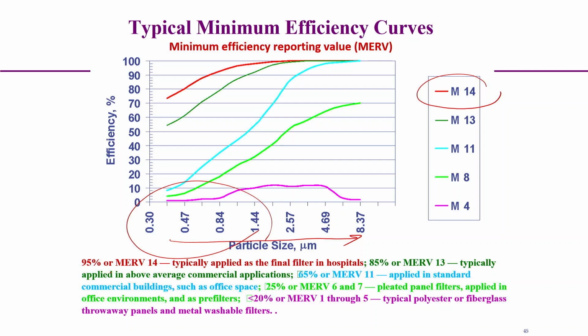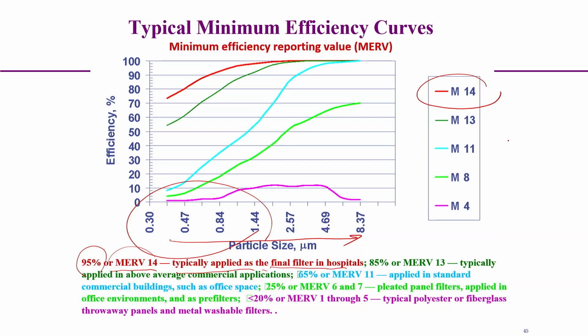So, for MERV 14, the filtration efficiency will be more than 95%. You can see within this particle range, it is typically applied as the final filter in a hospital.